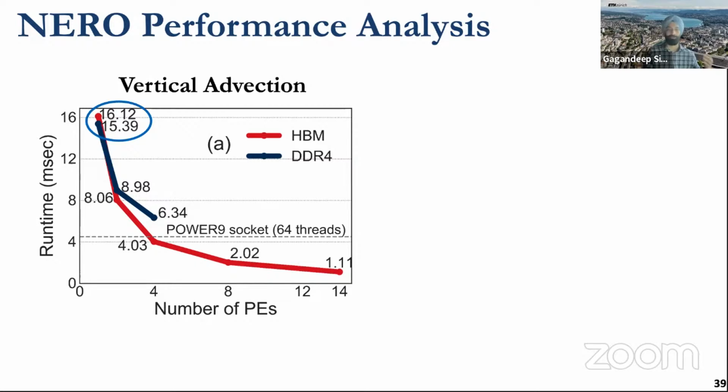For example, when you have a single processing element fetching data from memory, you get higher performance from a DDR4-based memory than an HBM-based memory, because DDR4 has a higher bit width, almost double that of HBM. But once you start scaling, we see a linear reduction in the runtime.